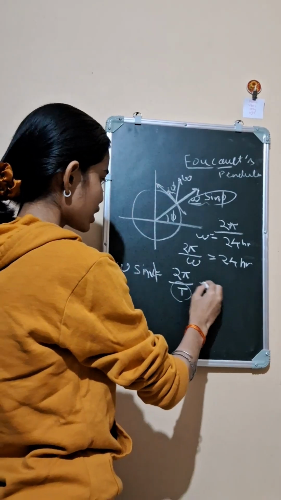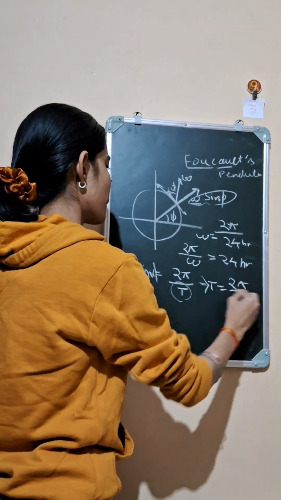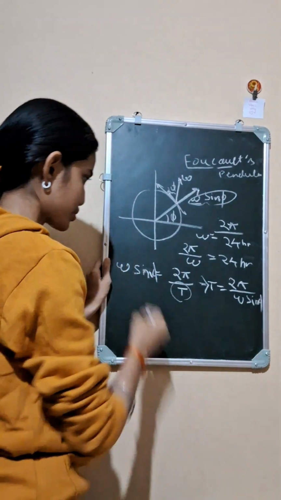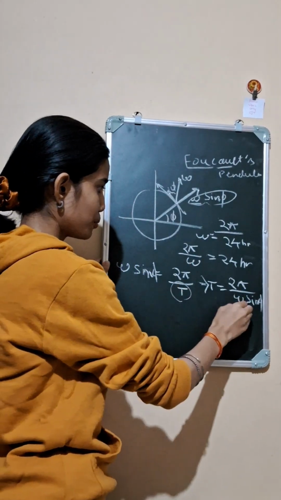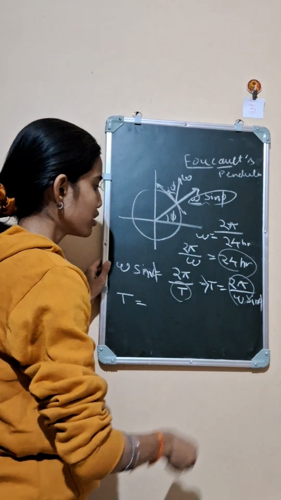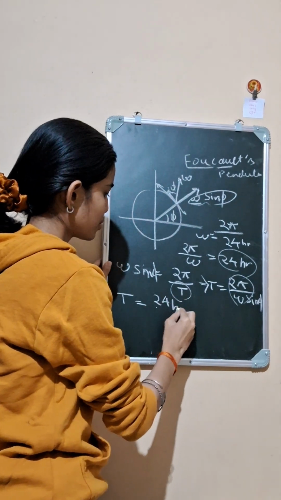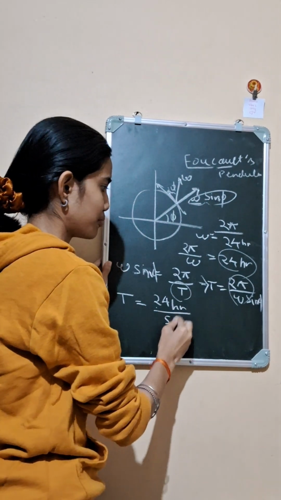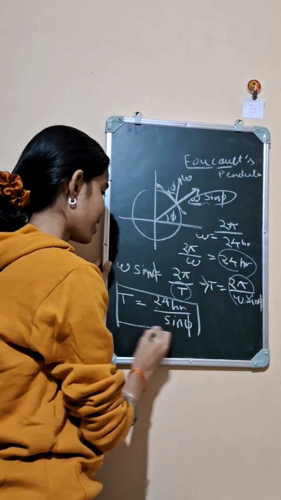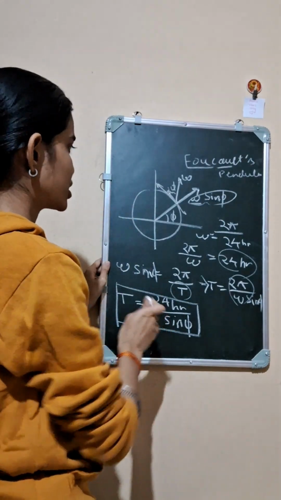So the time period will be 2 pi by omega sin phi, right? Here 2 pi by omega is 24 hours, so the time period of a Foucault pendulum is 24 hours by sin phi. This is the thing I had forgotten before. Now note it down.